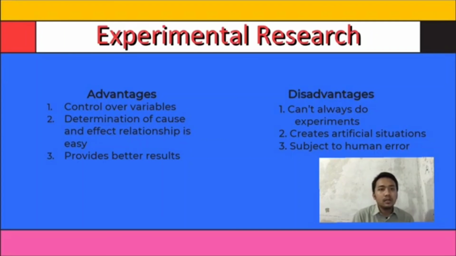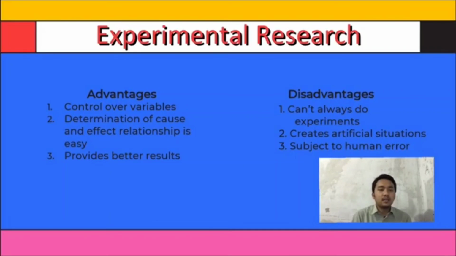For one, not every variable that can be manipulated should be. Number two is creates artificial situations. Experimental research also means controlling irrelevant variables on certain occasions. As such, this creates a situation that is somewhat artificial.